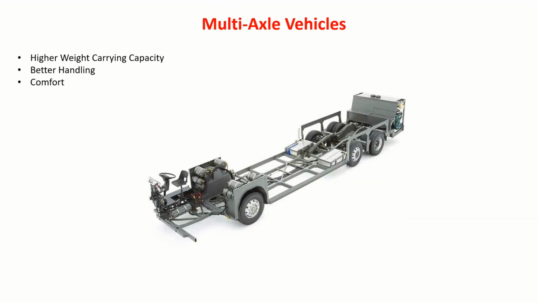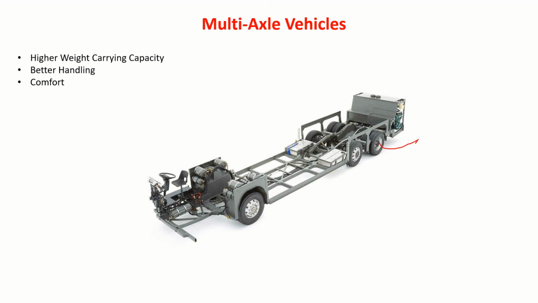How exactly the wheels work? You can play this video on the wheels part and understand it. We can also learn about the drivetrain or drive line of multi-axle vehicles.